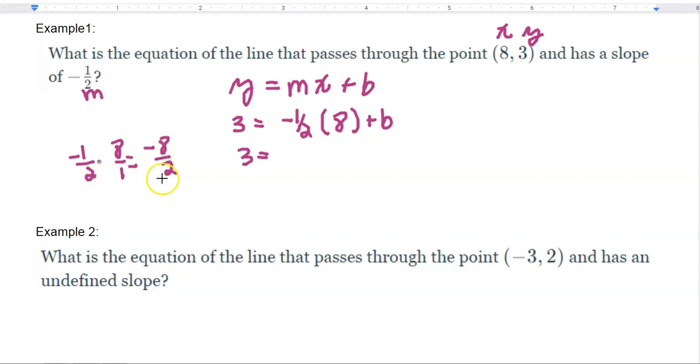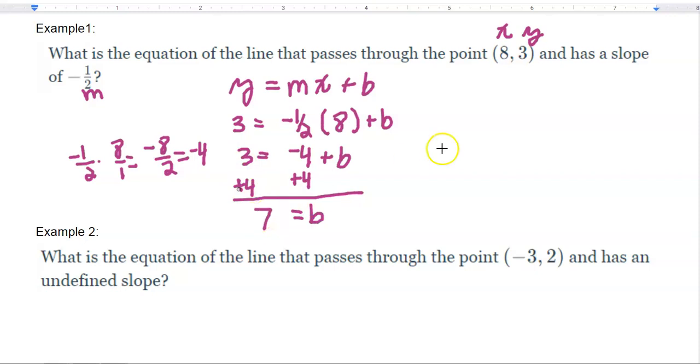Okay, -8 divided by 2 is going to be -4. So that becomes -4 plus b. Okay, I'm going to go ahead and add 4 to both sides. So b equals 3 plus 4 is 7.